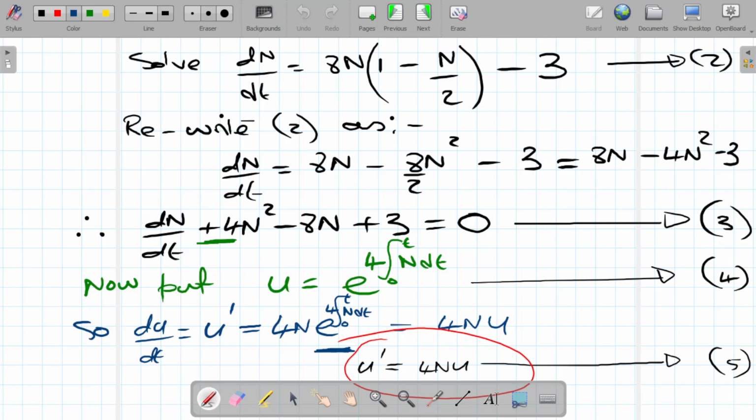And we know that u is equal to e to the power of 4 times the integral of n dt in equation 4. So we equate equation 4 with the general solution u.